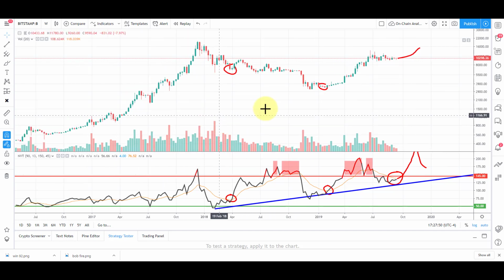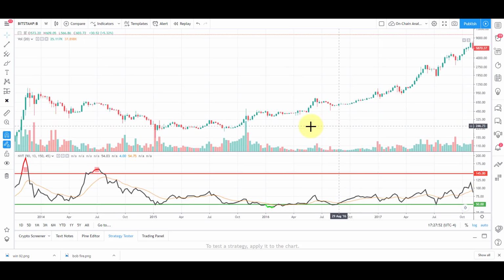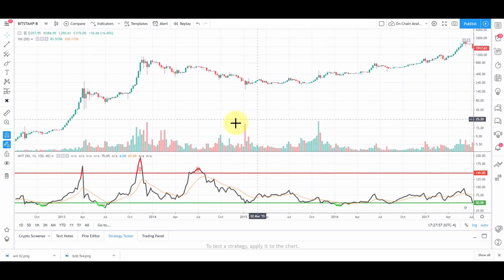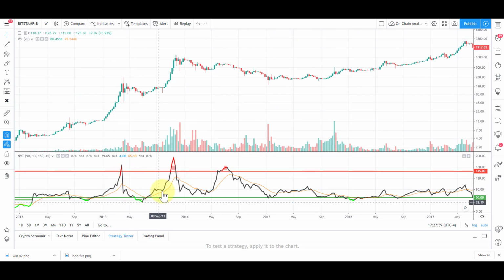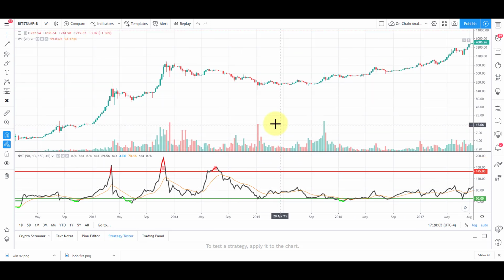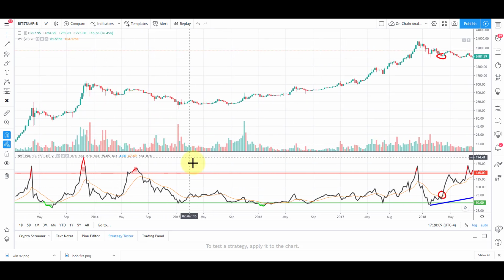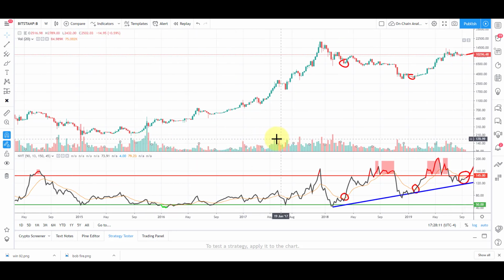Now in the past, because there wasn't as much exchange volume, there was a better representation, I think, of highs and lows with NVT. We have a high mark of 145 and a low mark of 50 for the ratio, and that used to do a pretty good job of pegging cyclical tops and bottoms. And that was pretty good.